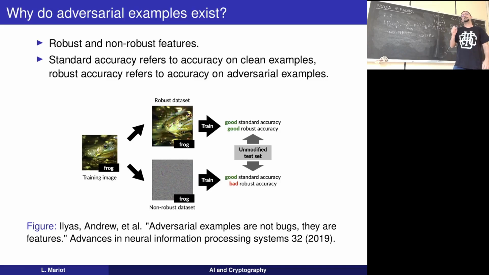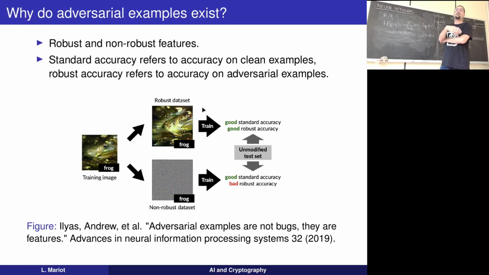If you train your neural network using non-robust features, then basically what you get is a non-robust deep neural network where it is quite easy to find adversarial examples. And in general, when you see in machine learning papers the accuracy measure of a particular neural network, this refers to the standard accuracy, that is, without considering robust features.